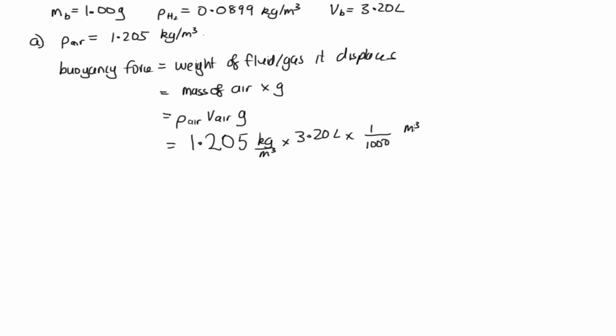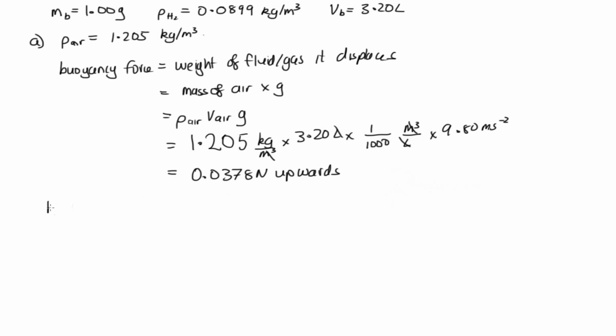So this is meter cubed in a liter, and so that will cancel out those units for us, times G, which is 9.80 meters per second squared. So now we've got the units kilograms, meters per second squared, which is newtons, which is what we want for force. So this is equal to 0.0378 newtons, and that's an upwards force because it's a buoyancy force.